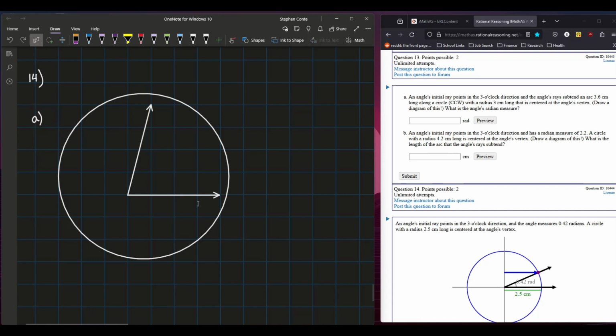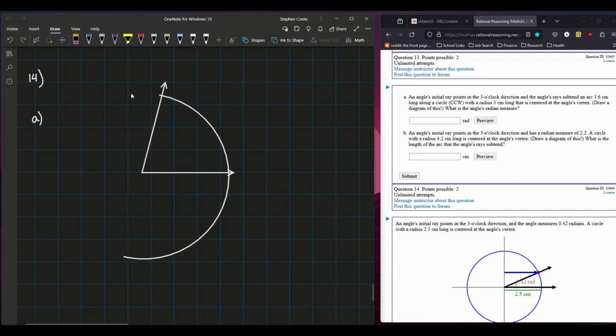So I'll get this out of the way. We'll center this angle, and I will basically erase the rest of this because I'm just concerned with the arc that the angle makes.